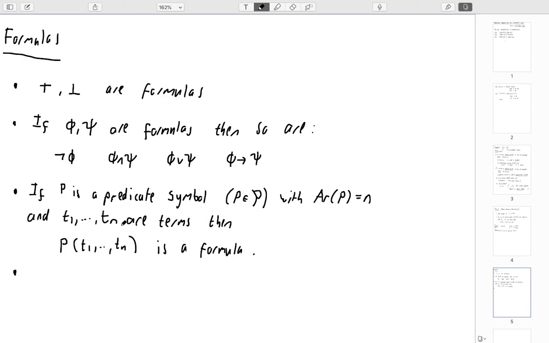So we have the same rule for equality, which is that it's always got arity 2, and it's not declared in the signature.